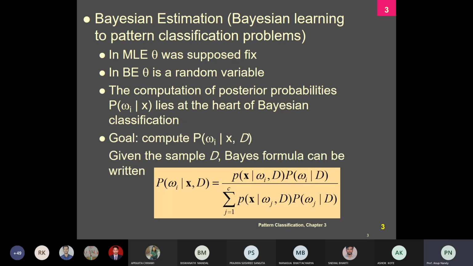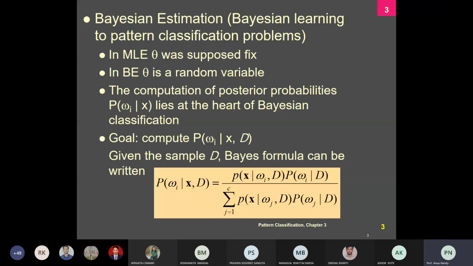Now what is your goal? The main goal is to compute the posterior probability P(wi|x, D), where D is a sample, meaning you have the samples x1, x2, x3 till xn.